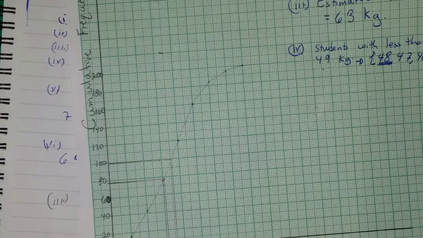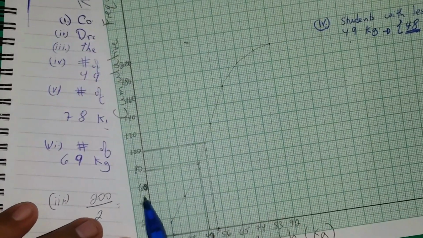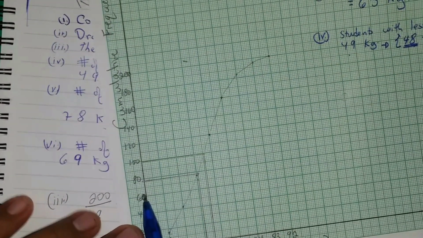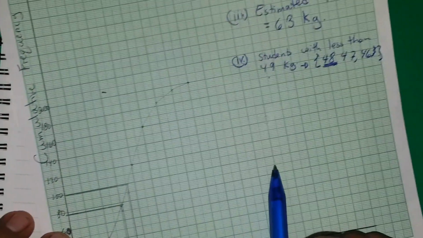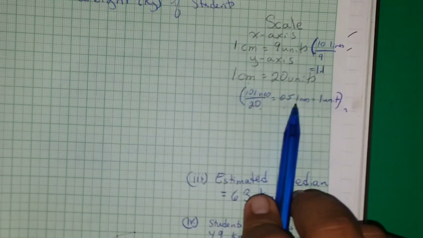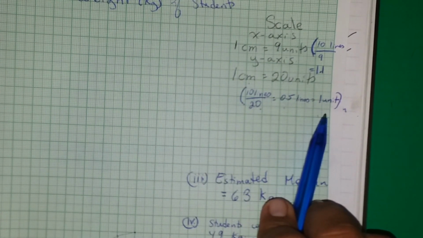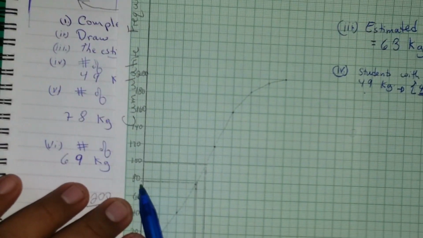Notice that now I need to figure out what that number is here, but since it goes by 20s, I know that each line is 2 units, because we said half of a line is 1 unit. So one line will be 2 units, right? So let's see what we have. We have it here.